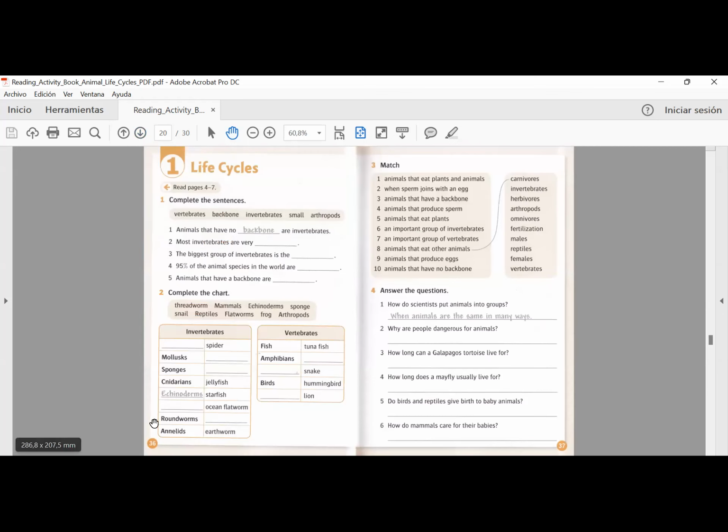And then on page 36, we have the activities.